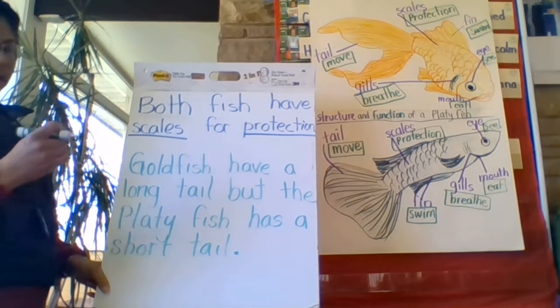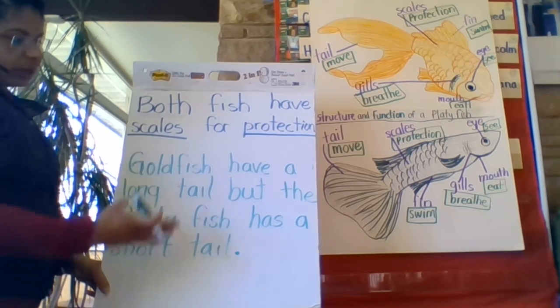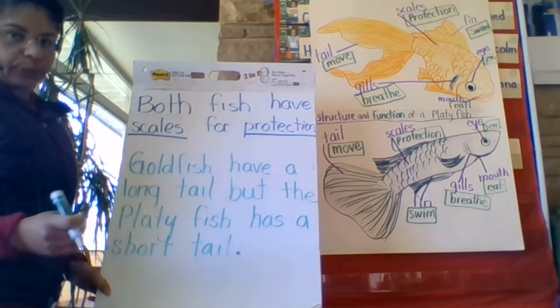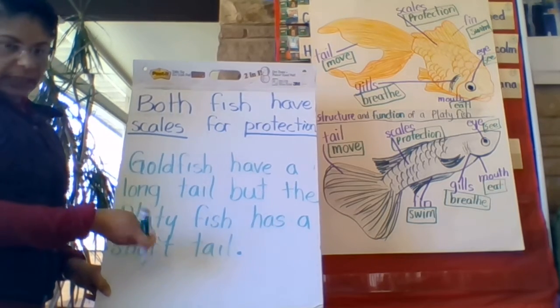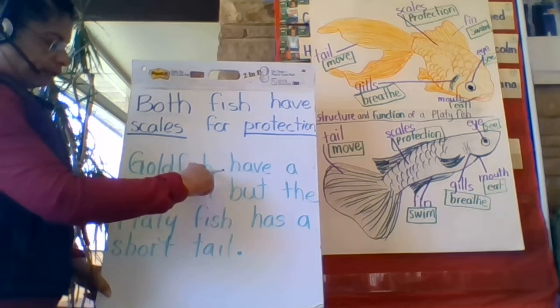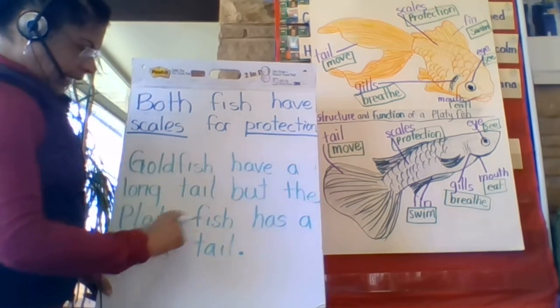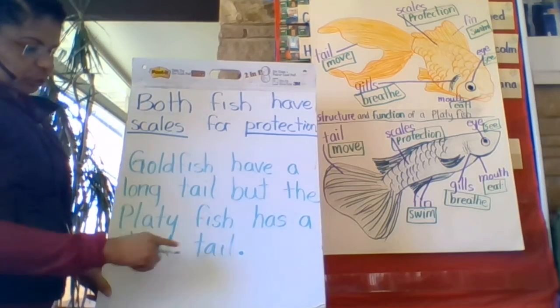Period. Okay? So when we try to write about what's different, then the sentence might be a little bit longer because we are comparing one animal with the other. Goldfish have a long tail, but the platyfish has a short tail.